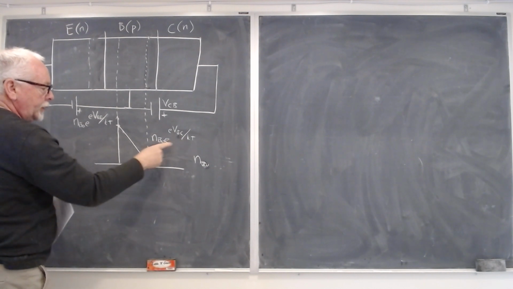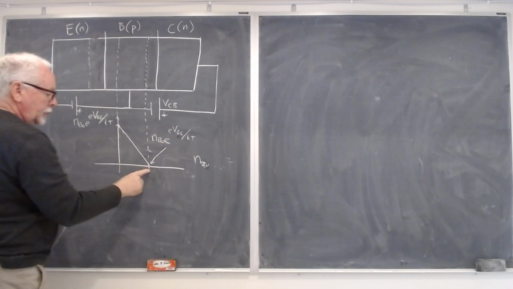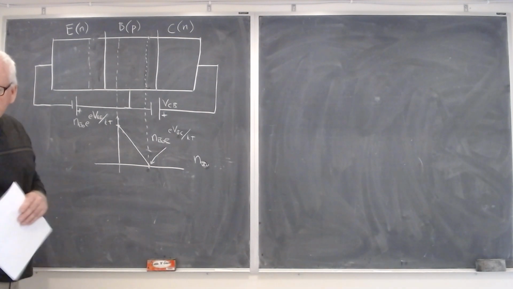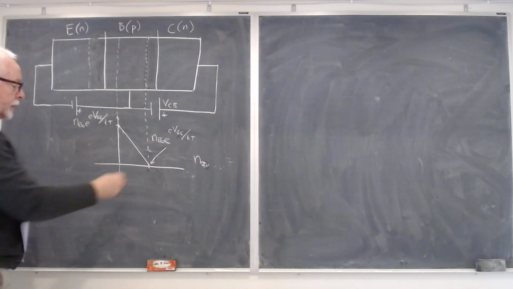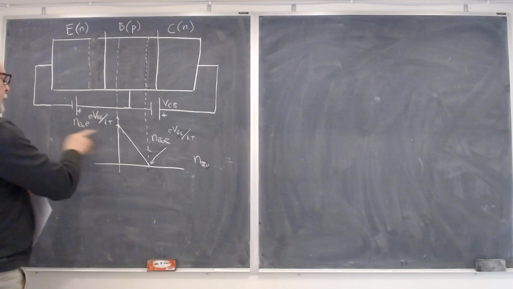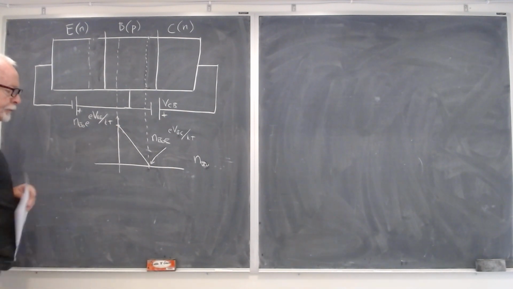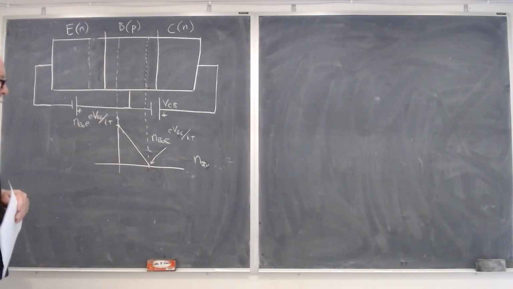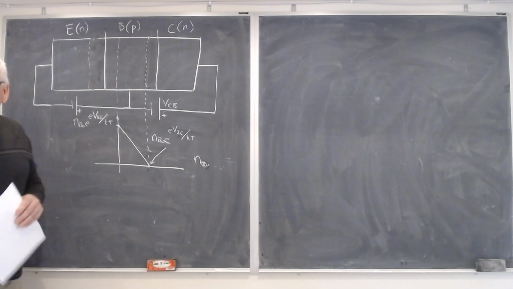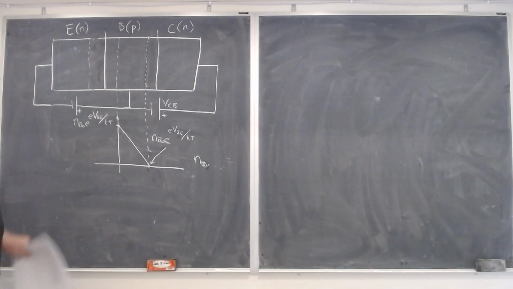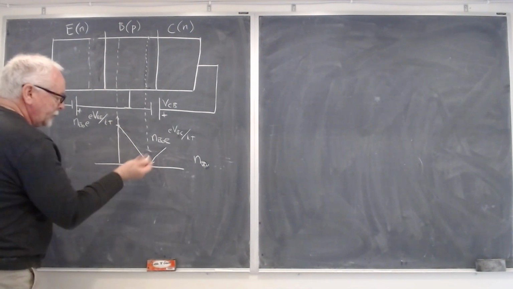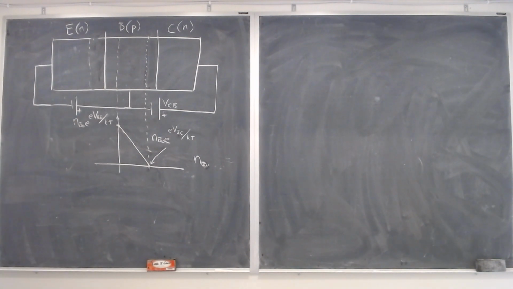And e to the minus a reverse bias is a small number, so we approximate it as 0. Either way you think about it, it goes to 0 there, and it's this value here. Up till now we just left it at that, approximating this as a straight line, and so you can get the current through Fick's law and all that stuff.